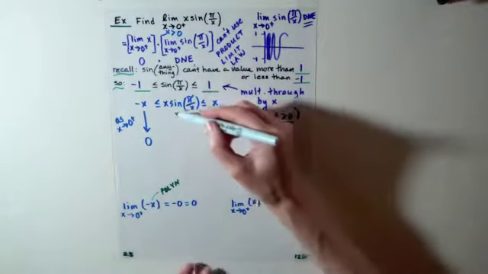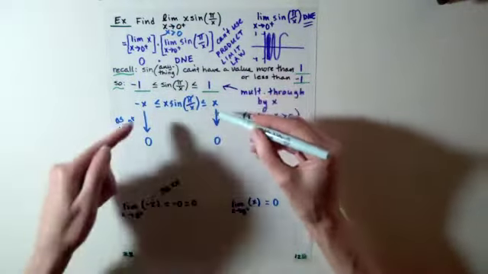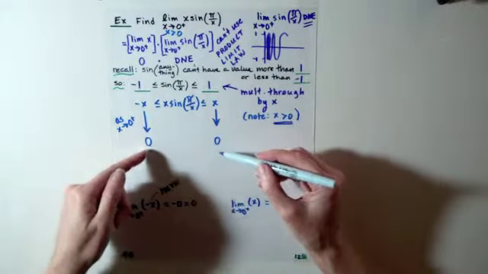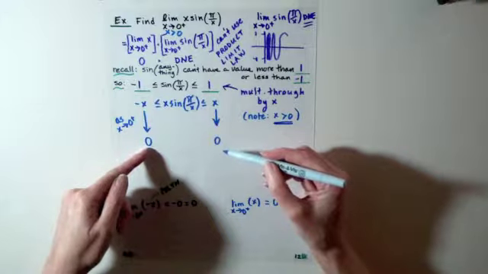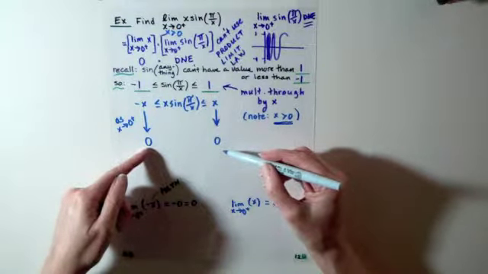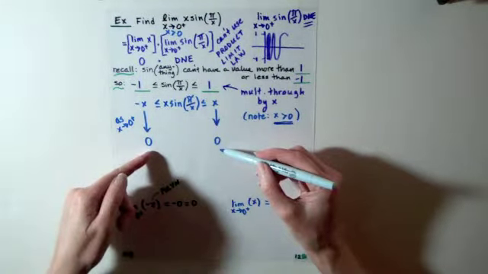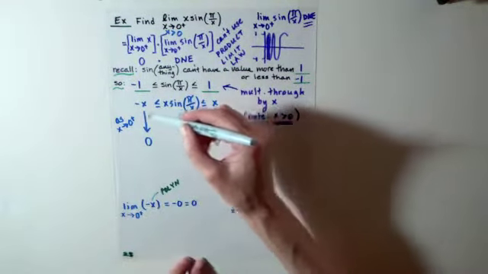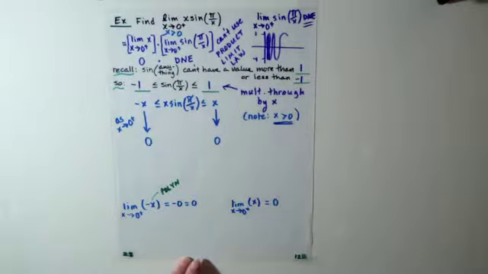So I have a function g of x that is trapped between two functions that are both approaching the same number, the same limit, L, we said in general on the previous page. In this case, my L is equal to 0. These are both approaching the same number, 0, and I have a function that's trapped between two functions that are both approaching the same limit.